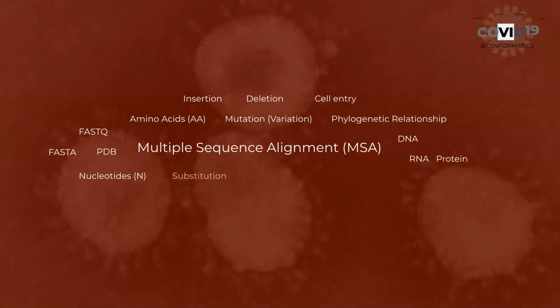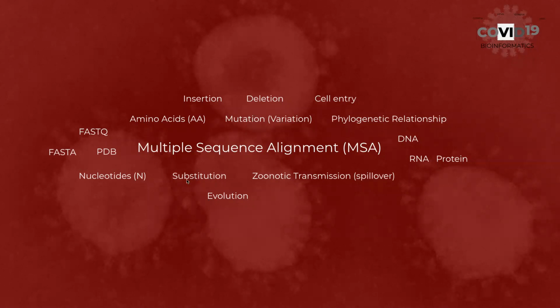So let's start by clarifying some of the terminology that we'll use in analysis. FASTA and FASTQ are different types of files that you'll be importing into the various pipelines that we'll be running. There's also nucleotides, which are obviously the types of bases that are involved in genomics.